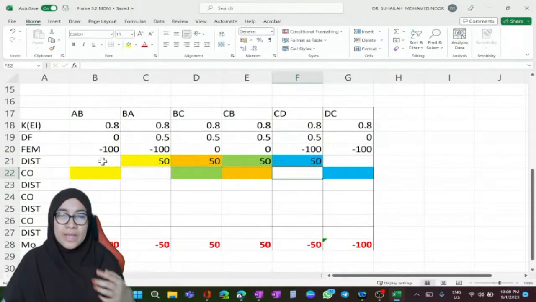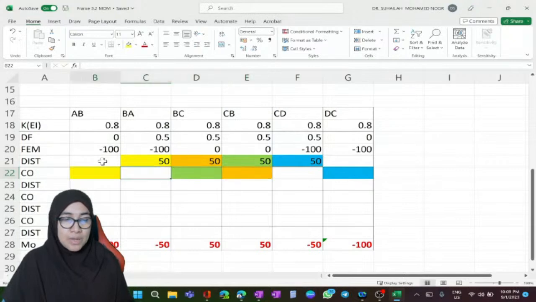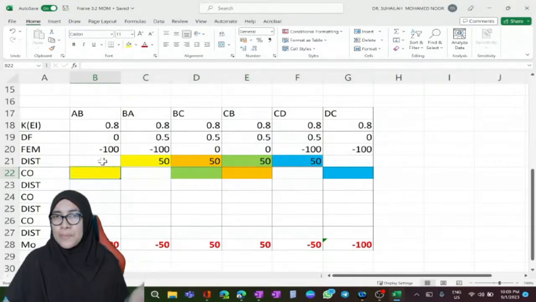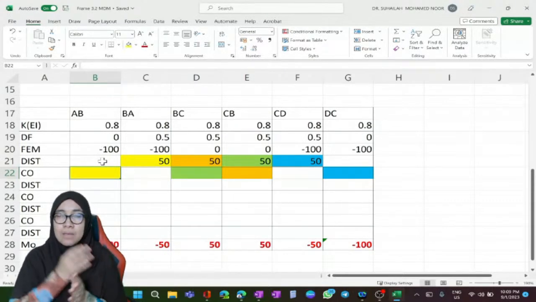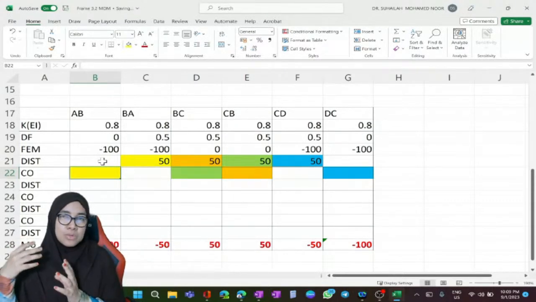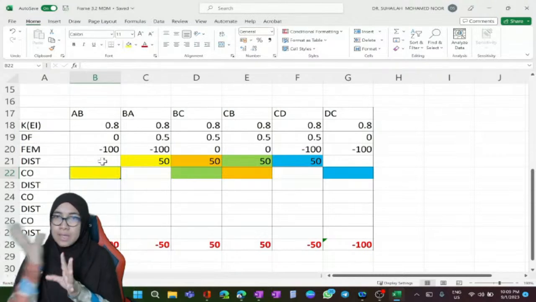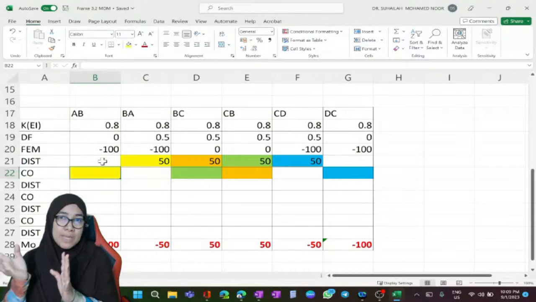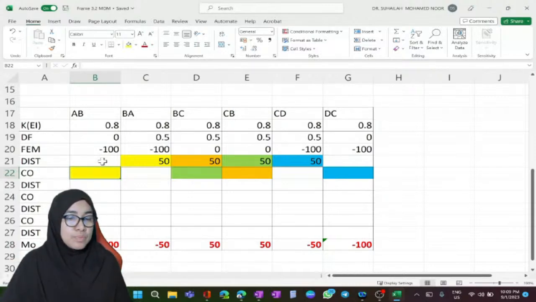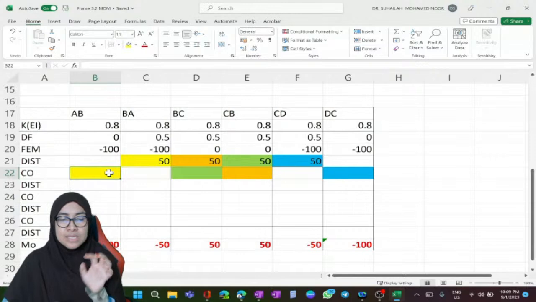Okay, now we have to carry the value. We have to carry the value to opposite joint. Means that B, we have to cross to A. B, we have to cross to C. B to A and to C. Okay, C to B and to D. Okay, so BA, we have to carry the value. So just look at the highlight color.